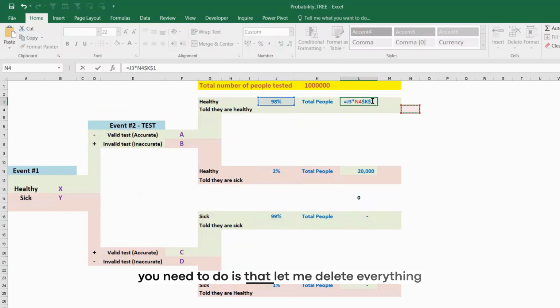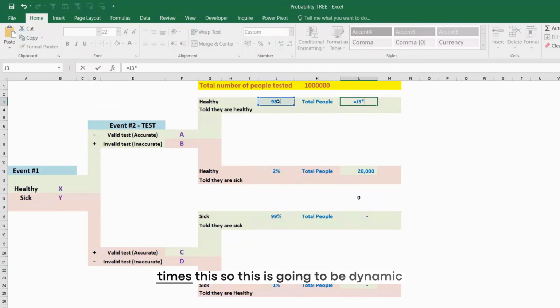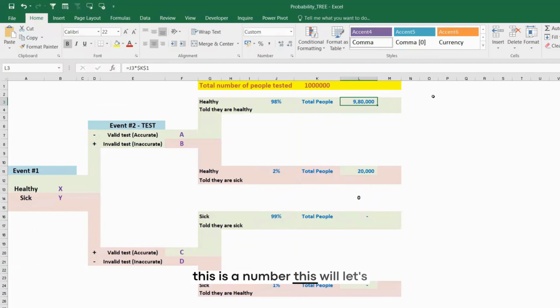All you need to do is, let me delete everything. Just multiply this times this. So this is going to be dynamic. So I'm going to give a 4. That means this is a number. For example, let's say you have that. So 980,000 people will be told healthy and they're healthy.